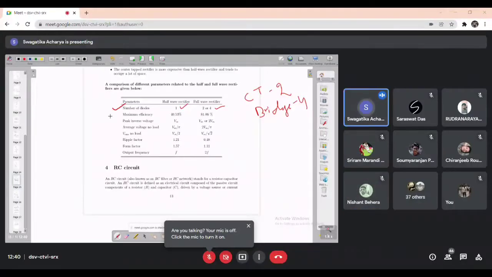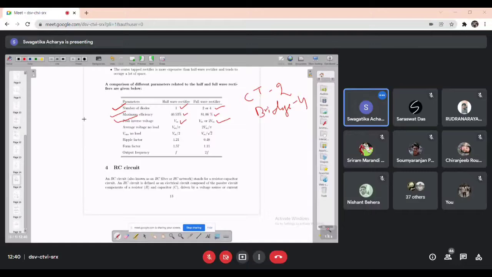Now maximum efficiency: in half wave you have calculated 40.53, in full wave 81.06, nearly equal to 81. Similarly, peak inverse voltage for half wave you will get Vm, for full wave 2 Vm, which you can find in your center tap.